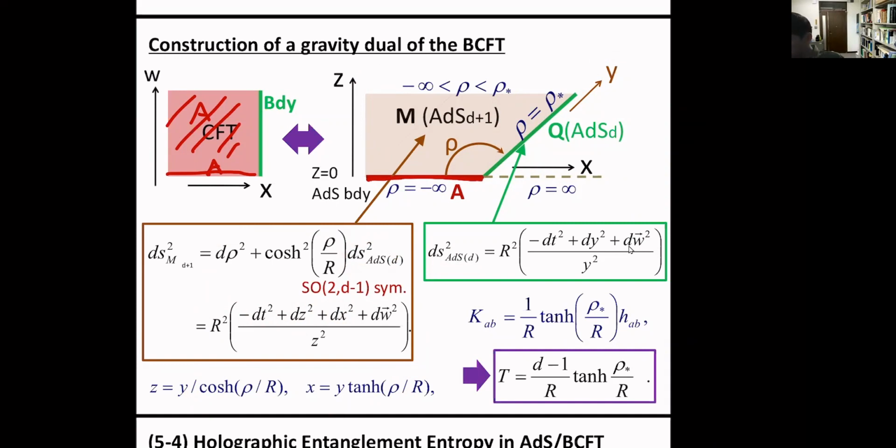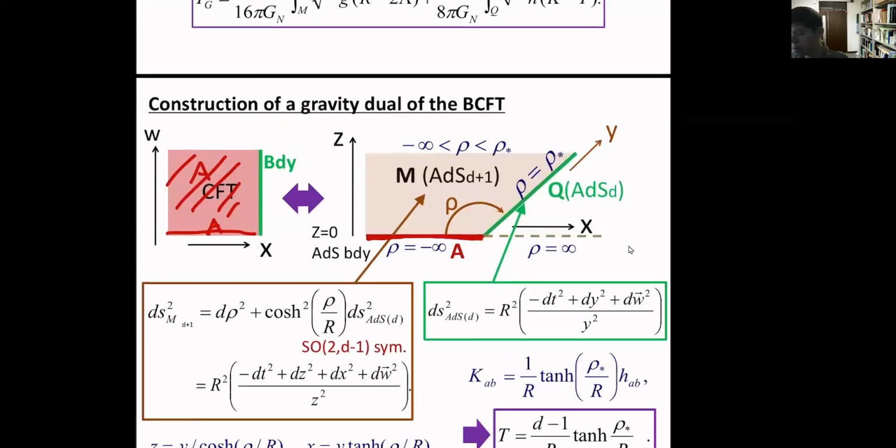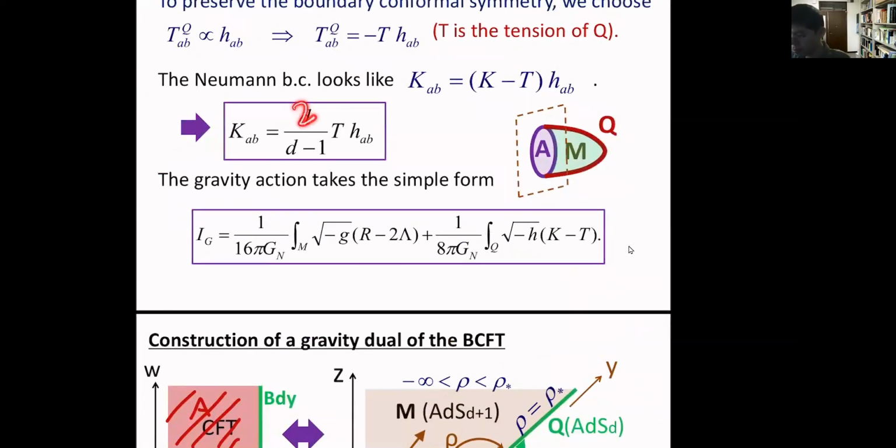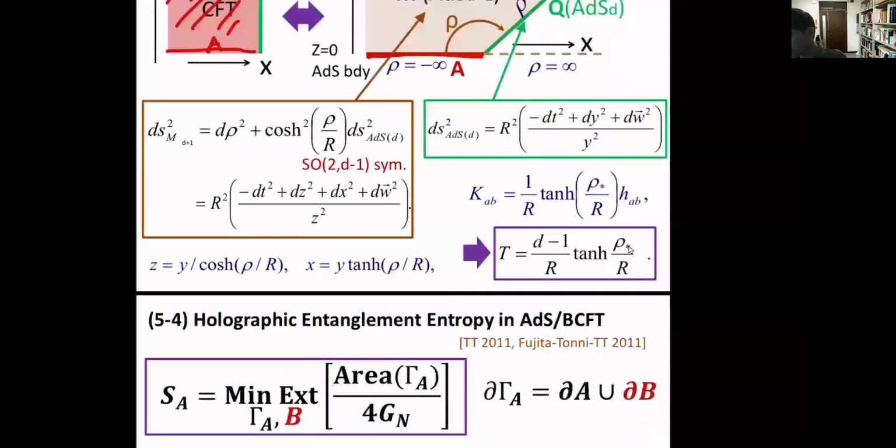And indeed, you can confirm this: you can evaluate the extrinsic curvature on this surface Q. Just take the derivative of this, the Gaussian normal coordinate, and we get the tangent. From that, K_ab is non-vanishing, and you can compare this with this one, and we just compare this way.